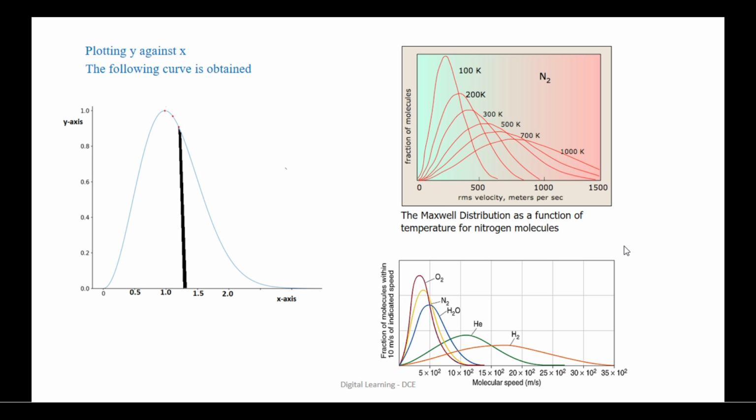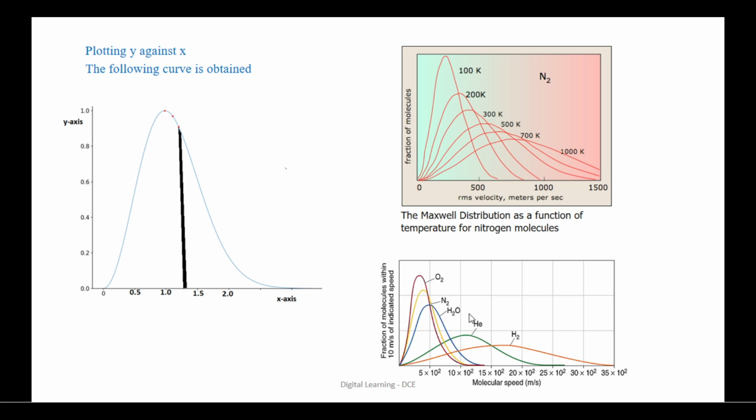Again, if we study Maxwell's velocity distribution curve as a function of molecular mass, this graph represents the curve for different molecules: oxygen, nitrogen, water vapor, helium and hydrogen. Usually we know that heavier molecules move more slowly than lighter molecules.